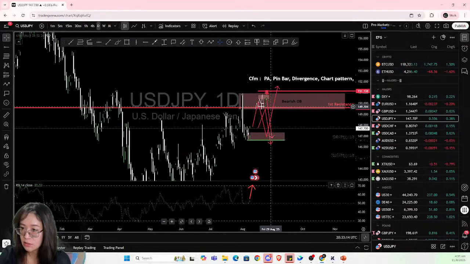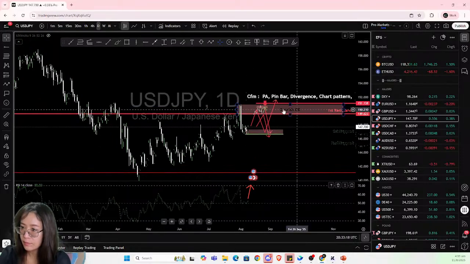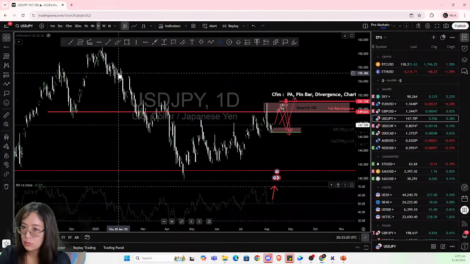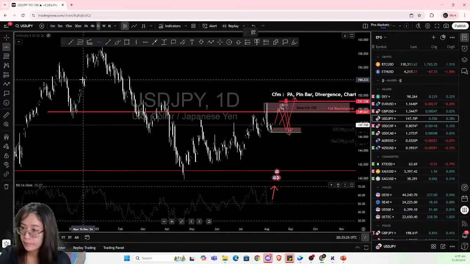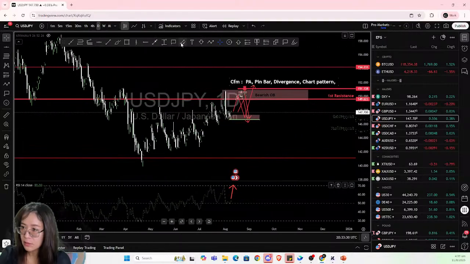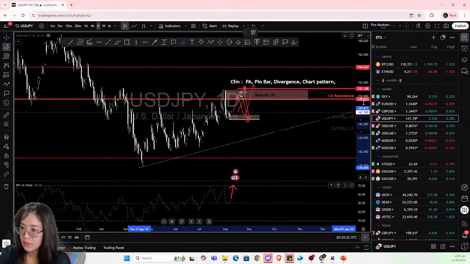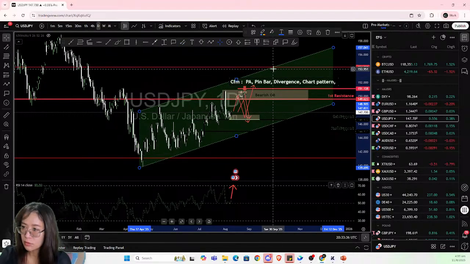You see the rejection somewhere around here, and then it might go all the way up again to this resistance level, meaning that if you want to add in the bullish, that's going to be the next resistance level.